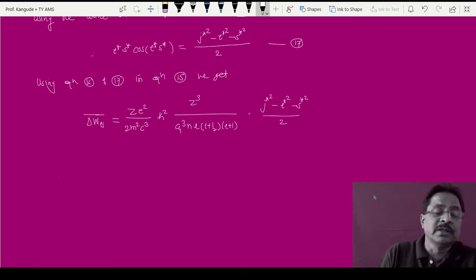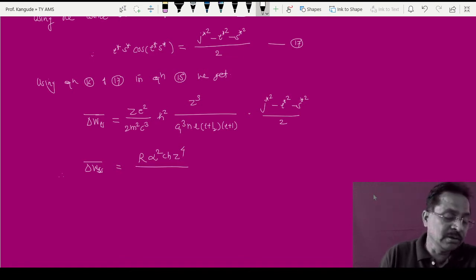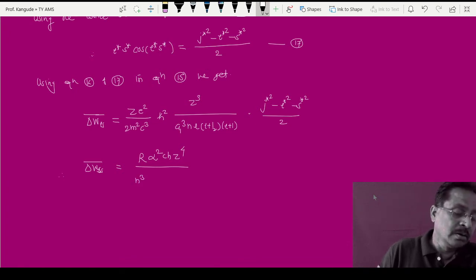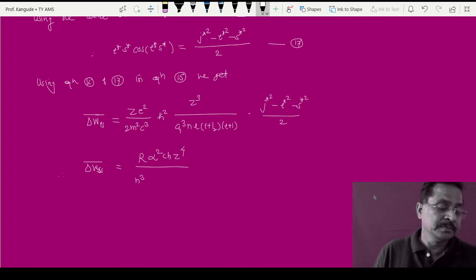Here we can adjust some things. Delta WLS average is equal to R into alpha square divided by CH into Z raised to 4, adjusting one of the Z's. Then N cube. In this derivation it is A1 cube, N cube is there.